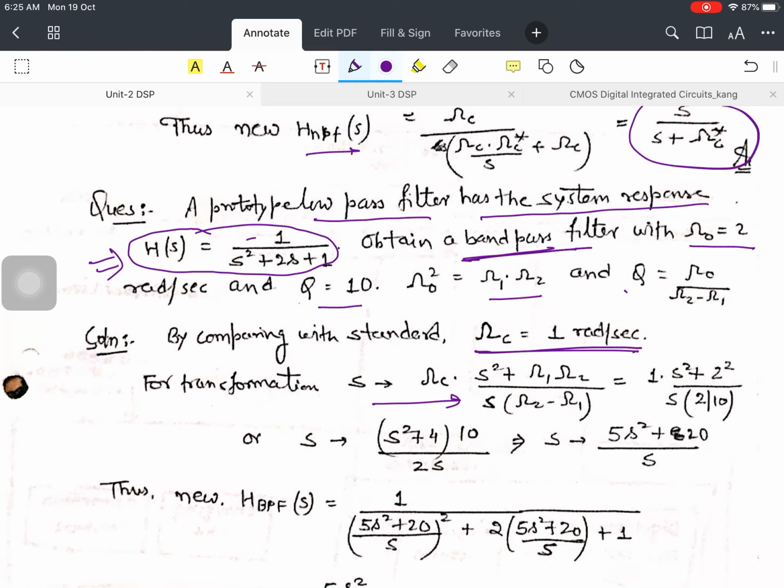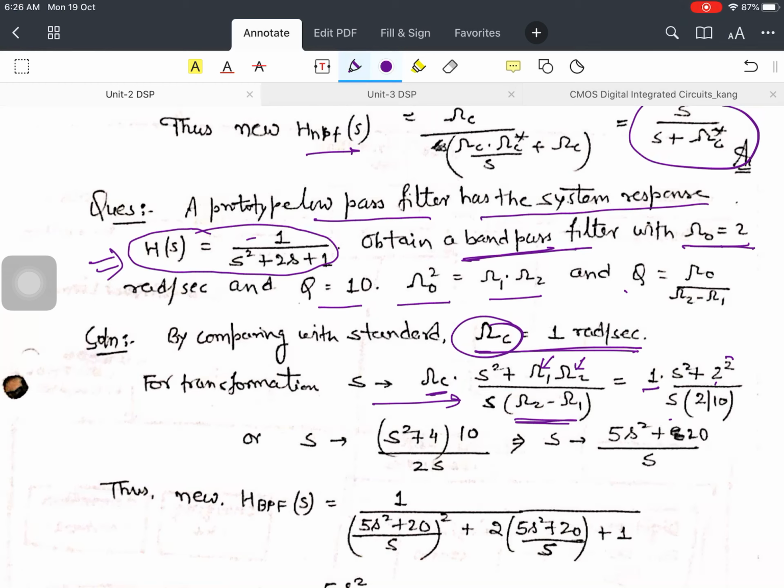Now, if we talk about this function, Ω1 into Ω2 is given, that is Ω naught square, and Ω naught is given as 2. So just put this value over here. Ωc is 1, since we already know its value, S square plus Ω naught square, where Ω naught is 2, so that is 2 square, over S into Ω2 minus Ω1.